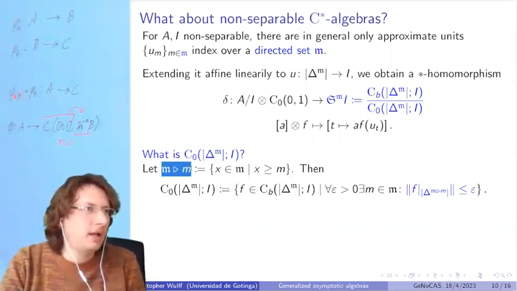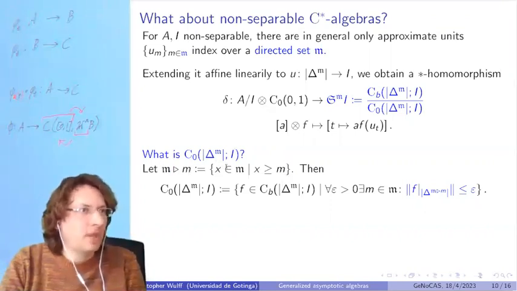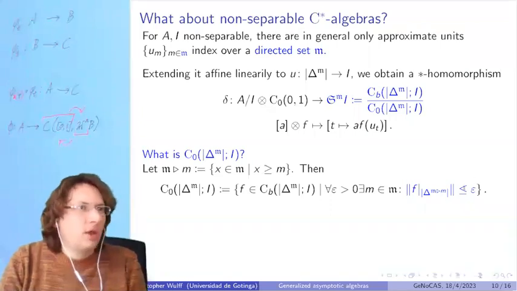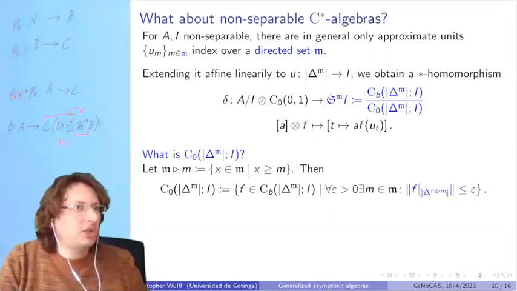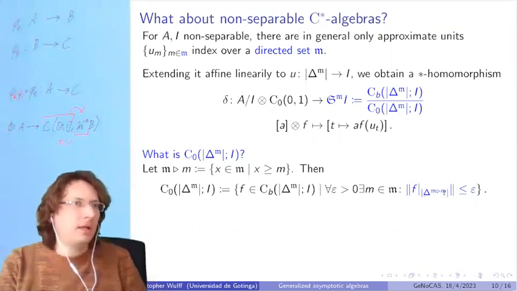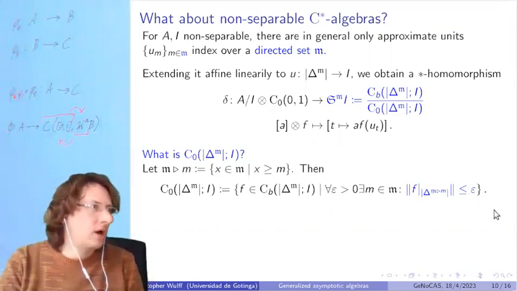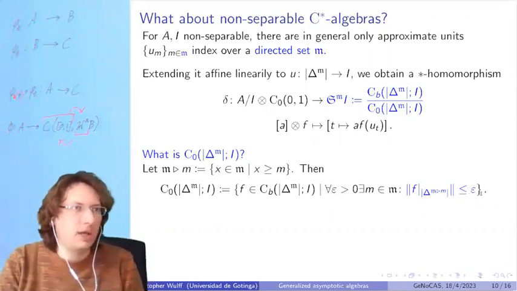I denote the tail like this. So this normal m is an element in this directed set Fraktur M. And then I consider the tail, so all elements in the directed set which are at least as big as this m. And now these C0 functions should be functions such that for each epsilon, there exists such a tail such that if we restrict f to the geometric realization of the full simplex of this tail, then this should be less than or equal to epsilon. So that's our notion of converging to 0 as we go to infinity.